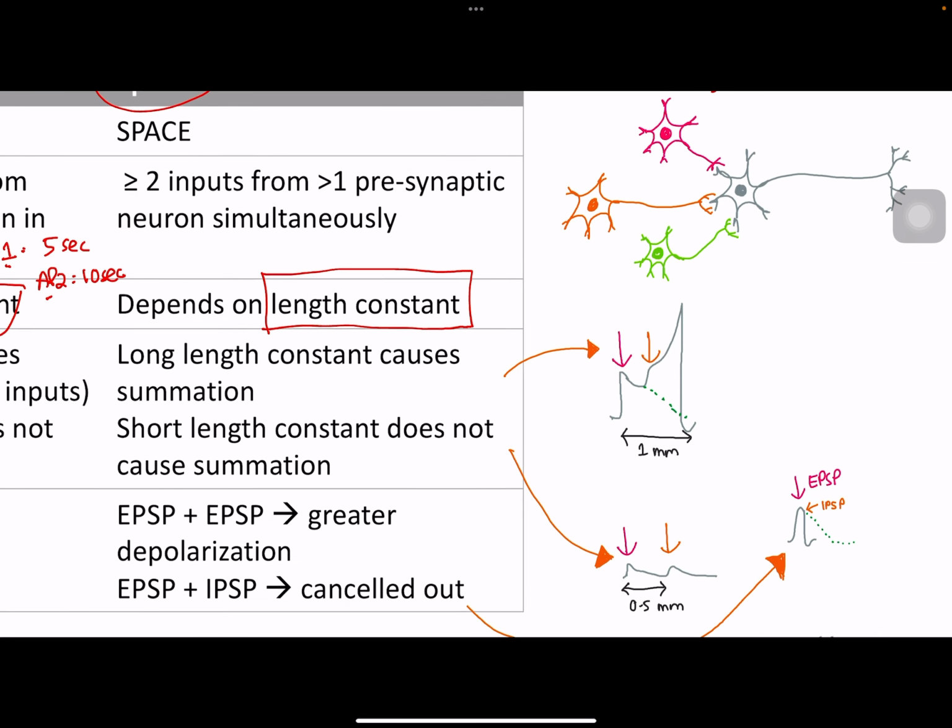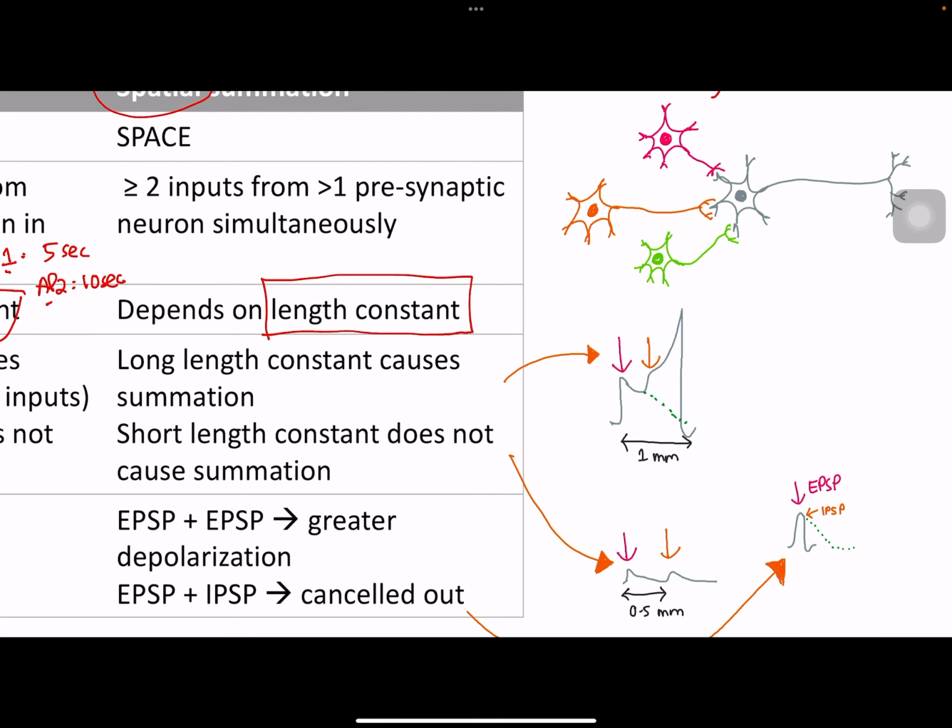Now, for example, this action potential only dies out when it's about 1 millimeter. When it travels down 1 millimeter, then it dies out. Therefore, at about 0.4 millimeter, when there's another action potential coming, this action potential will overlap with the first action potential, and it causes summation.